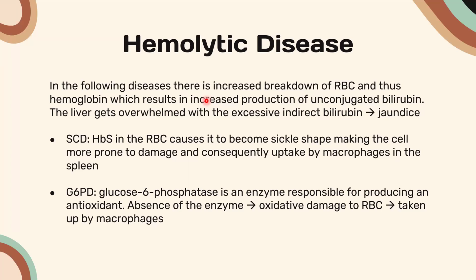Because there is so much breakdown of the red blood cells, a lot of unconjugated bilirubin is produced, and so the liver gets overwhelmed. That is why these patients end up having jaundice, because the liver is not able to process all of that unconjugated bilirubin into conjugated bilirubin.